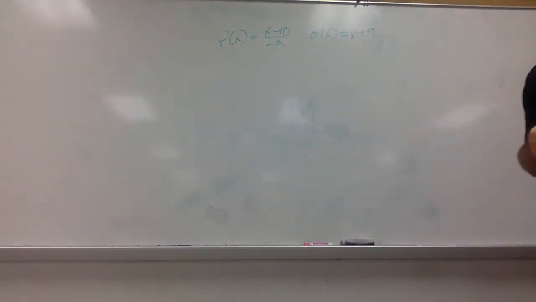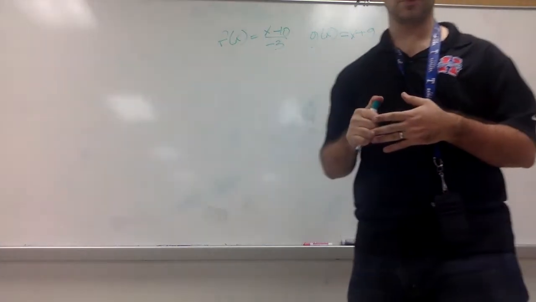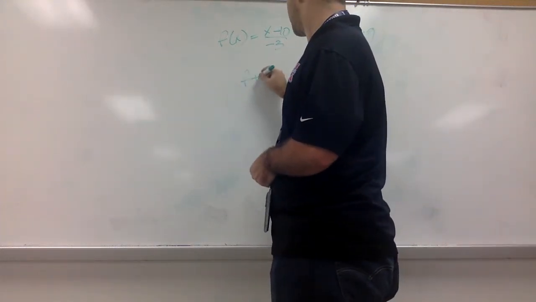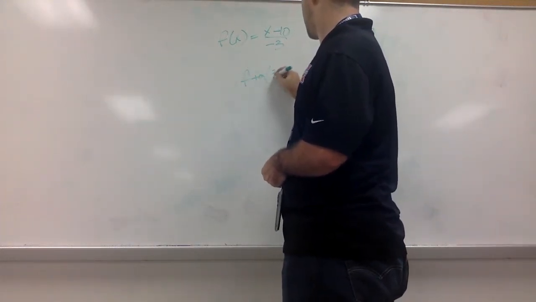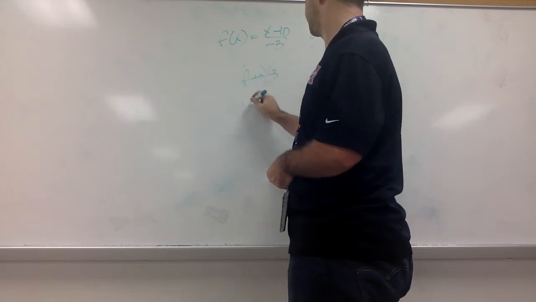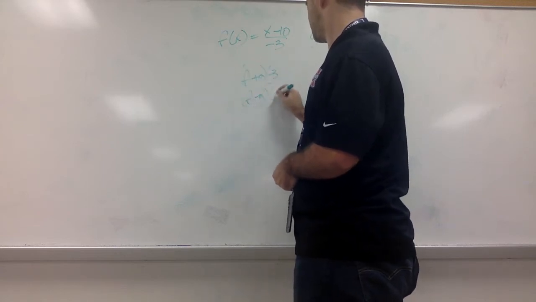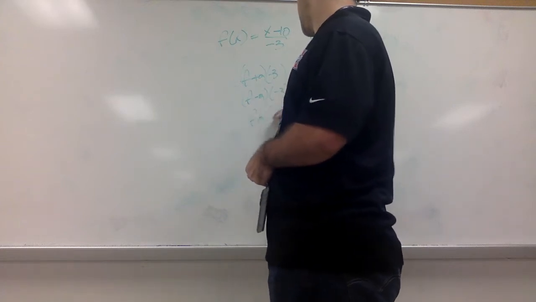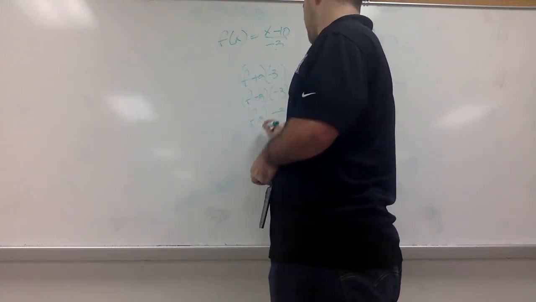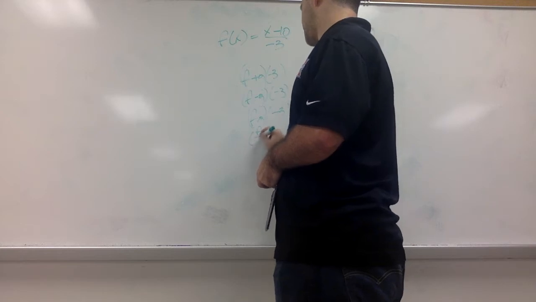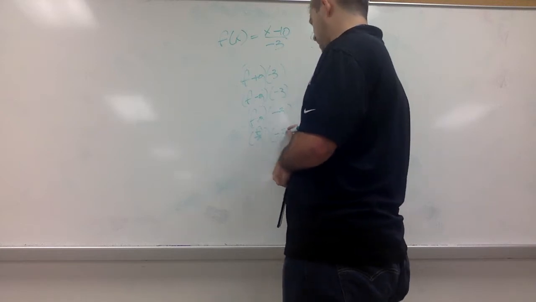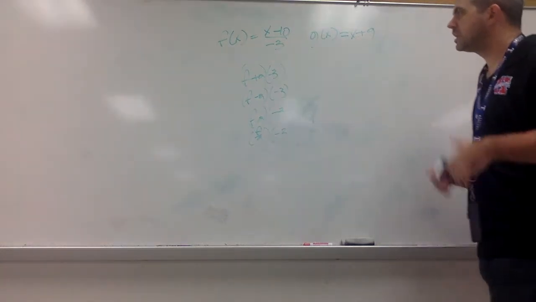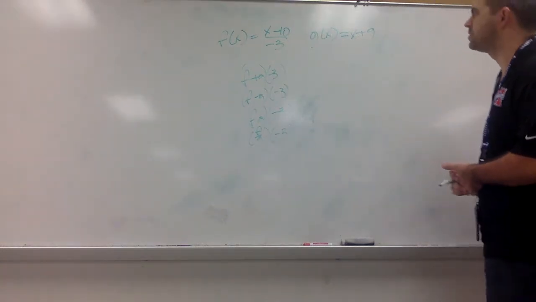All right? So it asks us to find f plus g of -3, f minus g of -3, f times g of -3, and f divided by g of -3. This seems super redundant, but let's just shove it in here and see what happens.